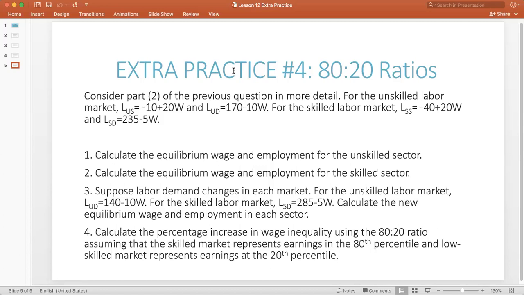So they give us the unionized sector, no, the skilled and unskilled workers. This one's different. But number 1 and 2 are both equilibrium wage and employment. So like I said earlier, we are all pros at that now. So I can go over this pretty quickly.